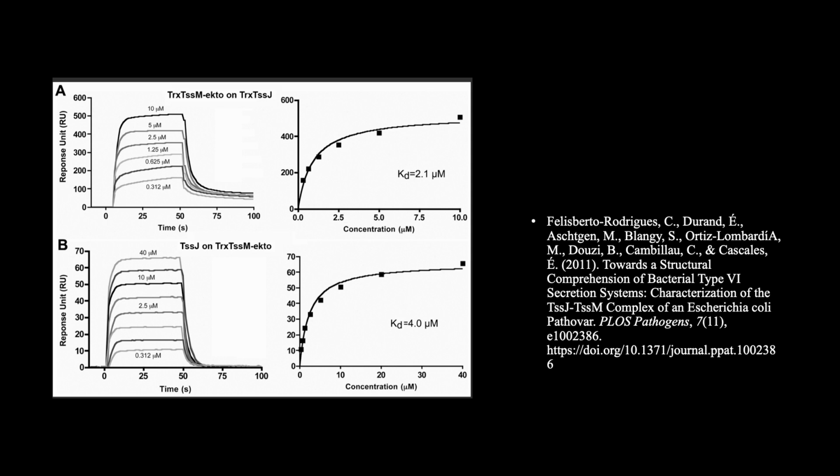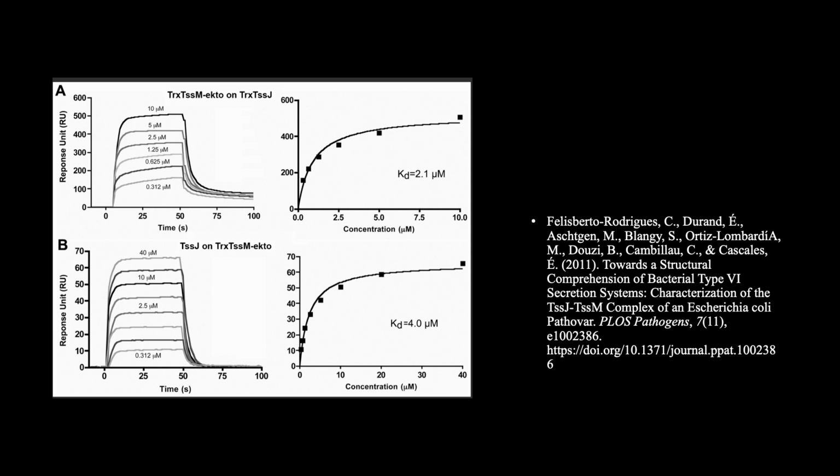And then in figure 3b, it's showing the dissociation constants, which is KD, for the interaction. So it's showing that by injecting TssM ecto over the TssJ coated chip, it resulted in a KD of around 2.1 plus or minus 0.25 micromolar, indicating that that was a relatively stronger binding.